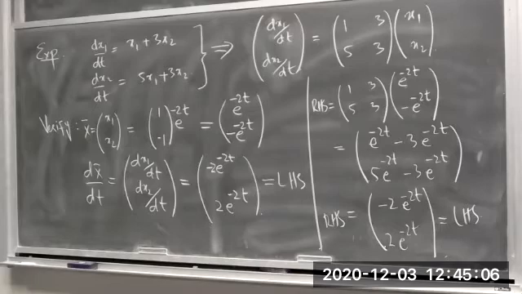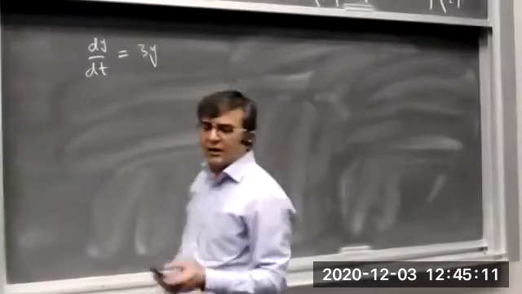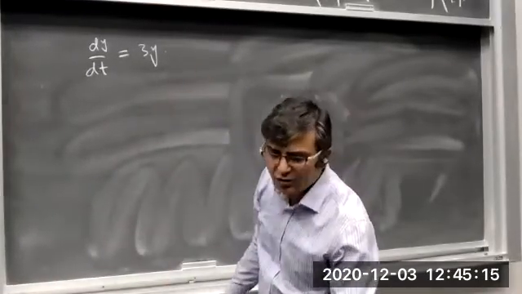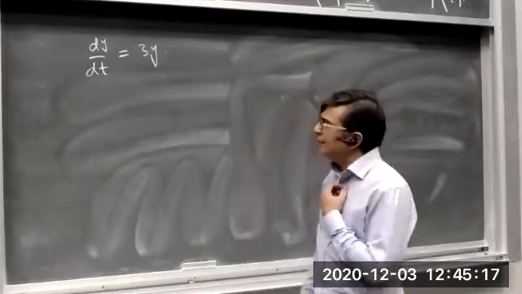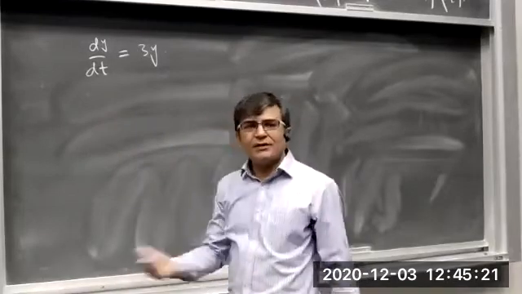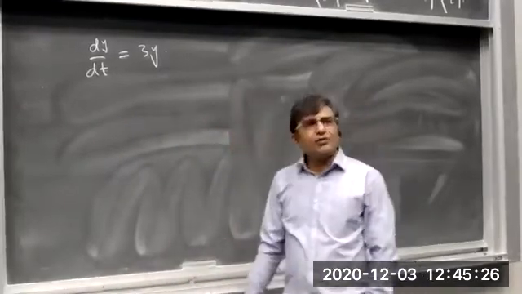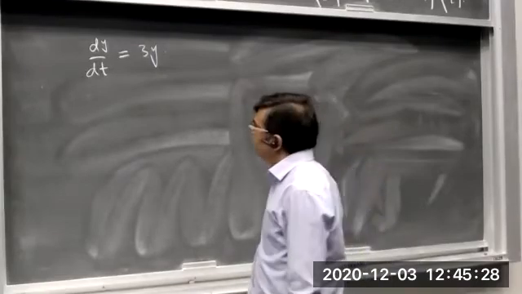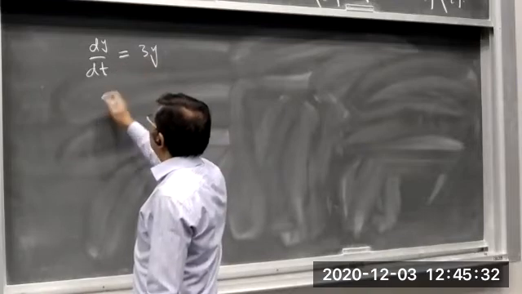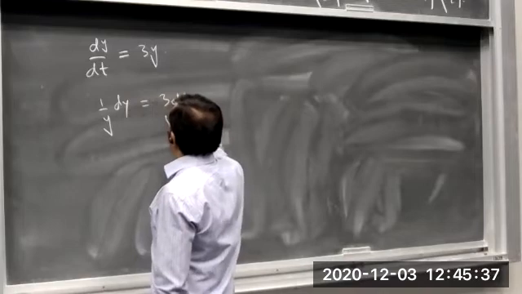If we have this kind of differential equation, a single first order linear homogeneous differential equation, then we can solve it using separation of variables, or the technique which we use to solve linear first order ODEs. By using separation of variables, we can write 1 over y dy is equal to 3 dt.